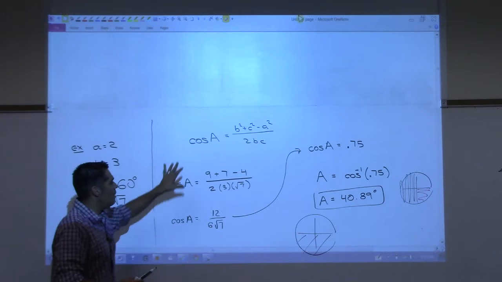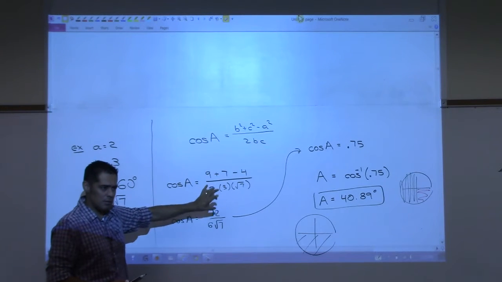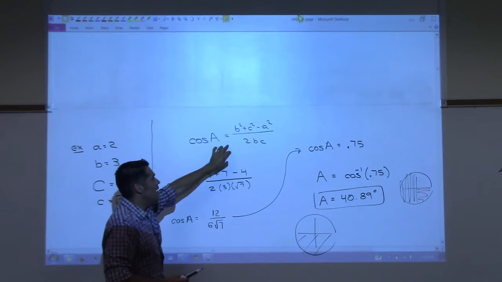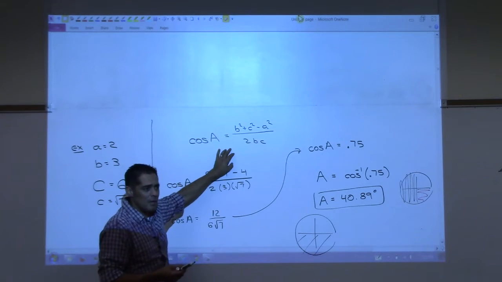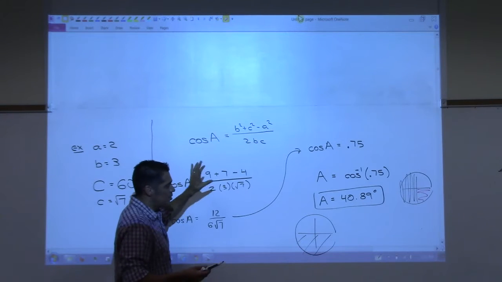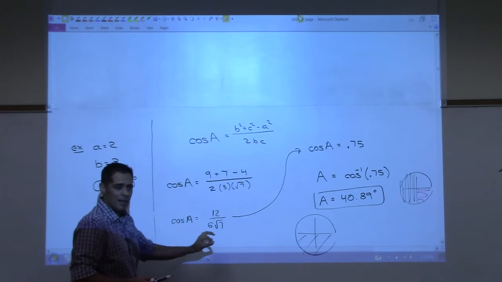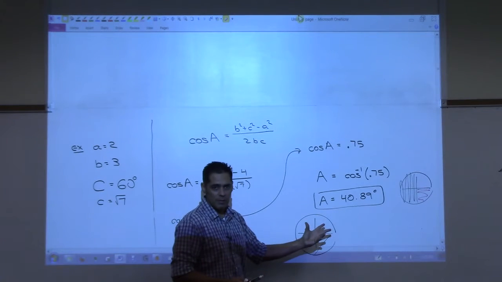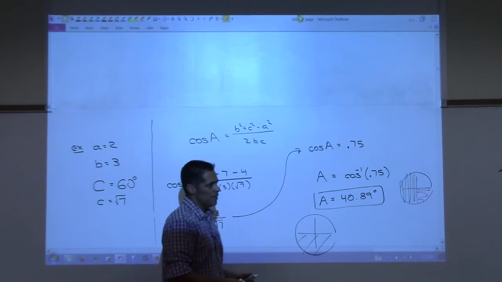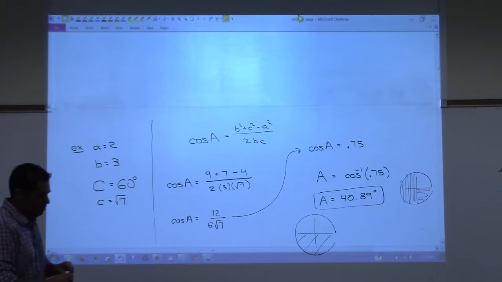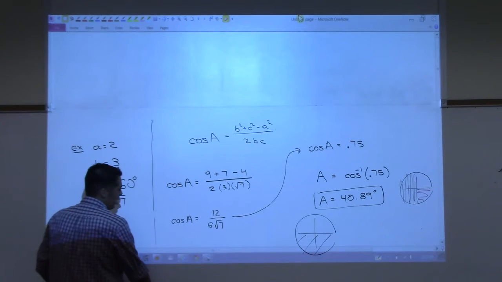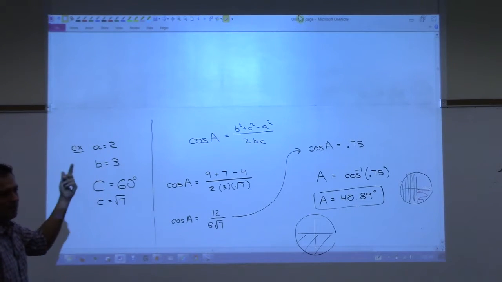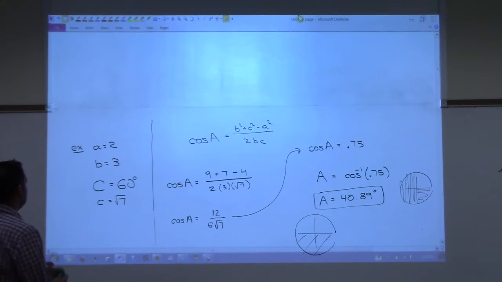And so the computation, I think, might lead to some errors, maybe you'll mess up a squared or something. But the good thing about using the law of cosines to get the angle is that you don't have to go check two different scenarios. Does that make sense? Like in the law of sines, you have to. So just be careful with that and use that if you like. It's just harder to remember the formula also, right? It's more complicated.